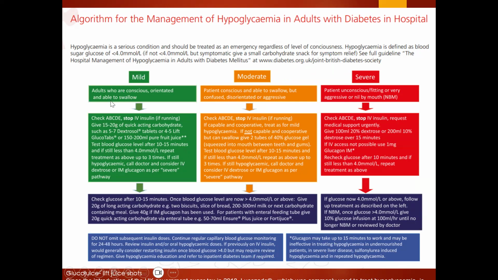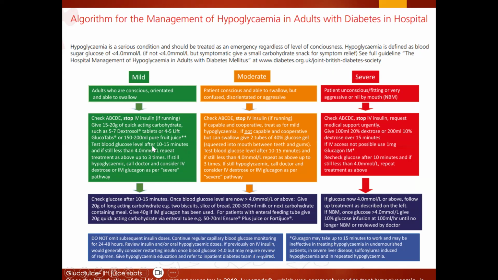Mild: adults who are conscious, oriented, and able to swallow, check ABCDE, stop IV infusion if running, give 15 to 20 grams of quick-acting carbohydrate, which is what we gave in this particular patient, such as 5 to 7 tablets of Dextrosol, or 4 to 5 Lift Glucotabs, or 150 to 200 ml of pure fruit juice.